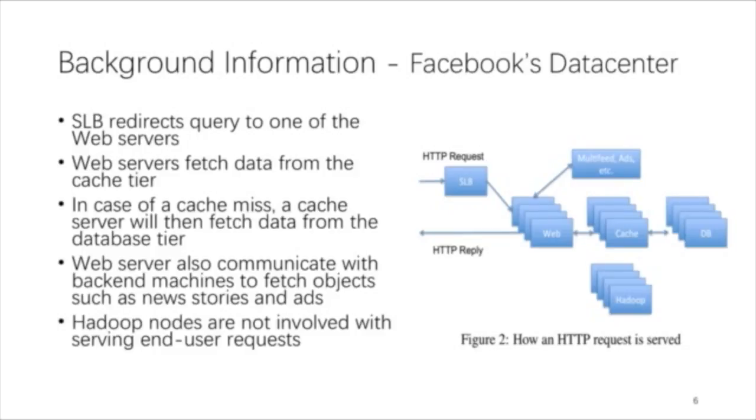The web servers fetch data from the cache. And if the cache doesn't have that, the server will then go to the database. Then the web server also communicates with backend machines to get objects such as news stories and ads.